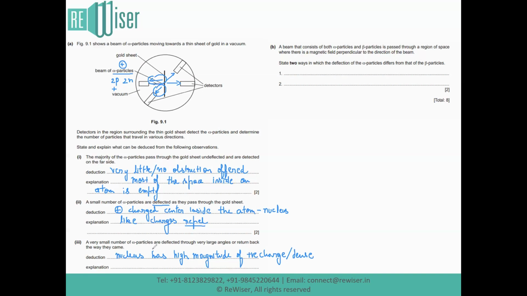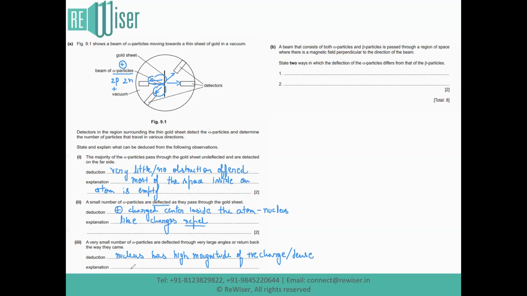The reason that I assume the nucleus has a very high magnitude of positive charge and that it is densely concentrated is because the alpha particles were not only forced to deflect at an angle, they were also in fact forced to retrace their path.